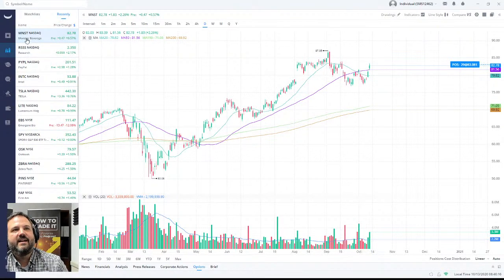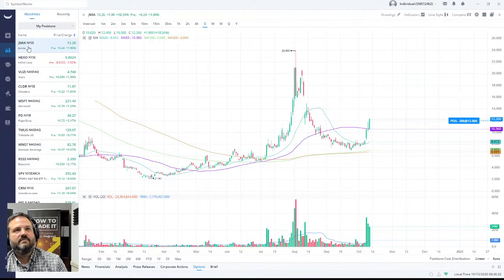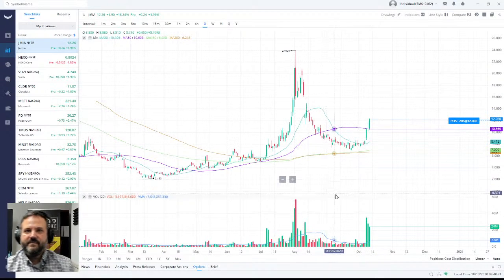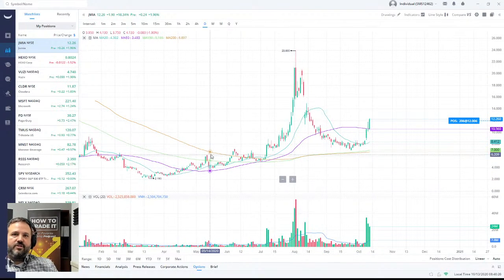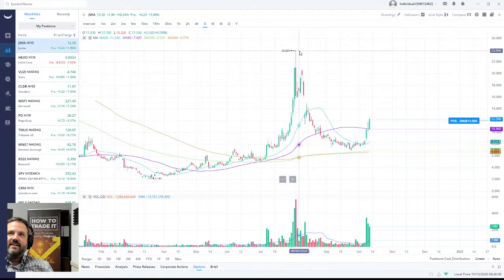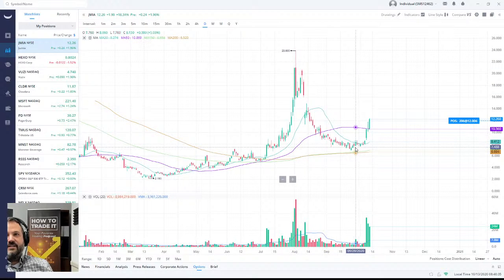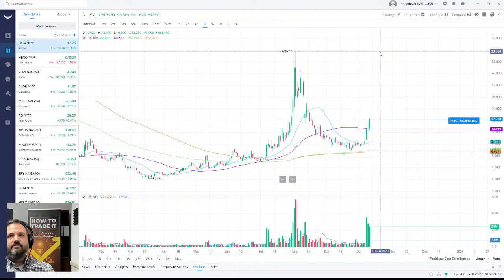And then the other trade I got in is a little bit different from what I'm used to looking at. But it's this JMIA. And this was a pretty solid uptrend for a while until it just went really crazy. And so it pulled back really heavy, and I don't usually like that, but this strong breakout is kind of making me think, oh, well, this could go right back up here.